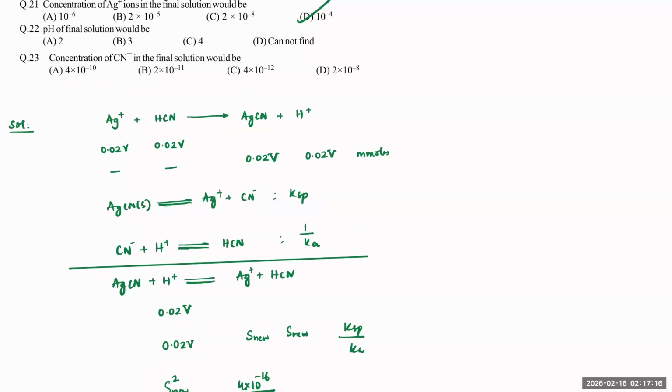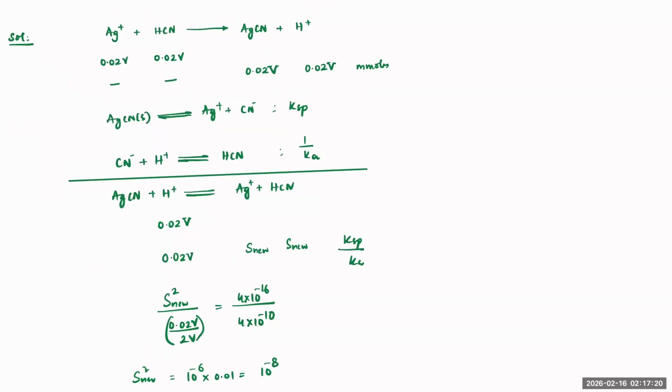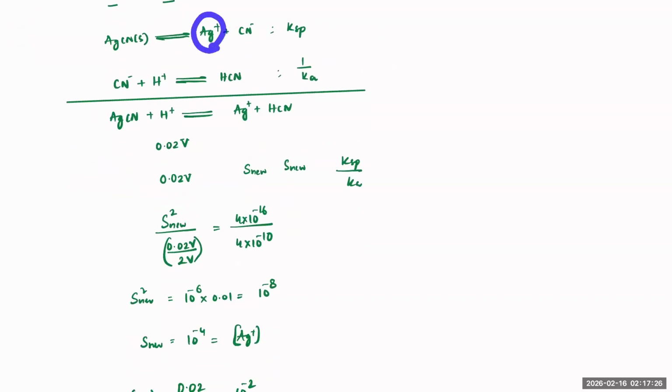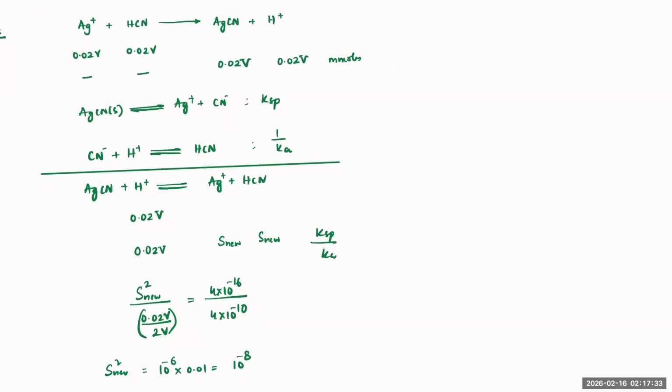Okay. Next, concentration of CN minus. How much will be the CN minus concentration? Now, CN minus will be almost lost. Now, what you can do, you know the Ag plus concentration now, correct? Use that to figure out the CN minus concentration using Ksp. So Ksp is equal to Ag plus concentration into CN minus concentration.